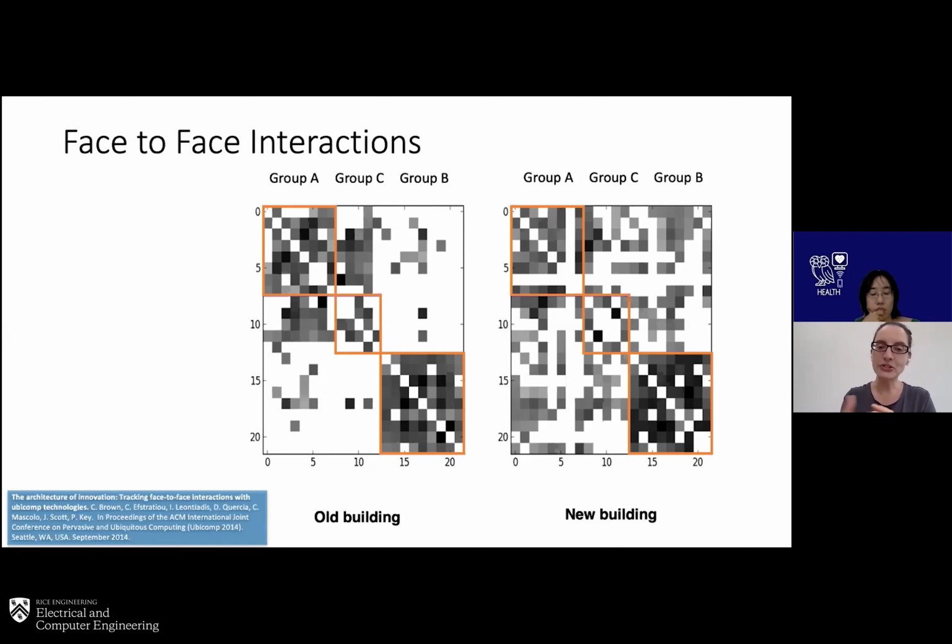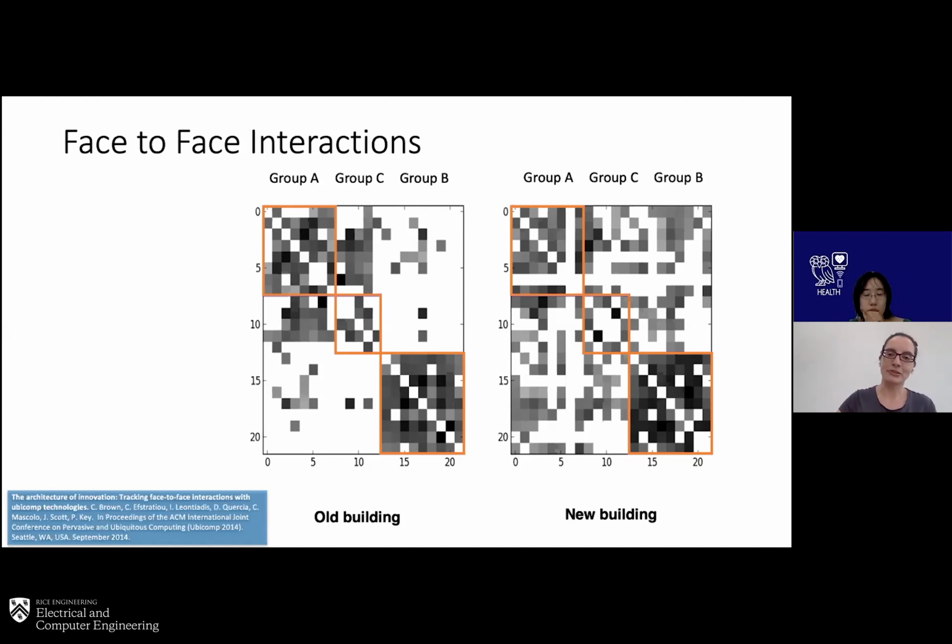And what you see here is that in the new building, there is a lot more interaction beyond the groups, so across groups. We went further into analysis in the paper, and we figured out that this interaction was due to different structures in the building, different positions of the team, and so on.